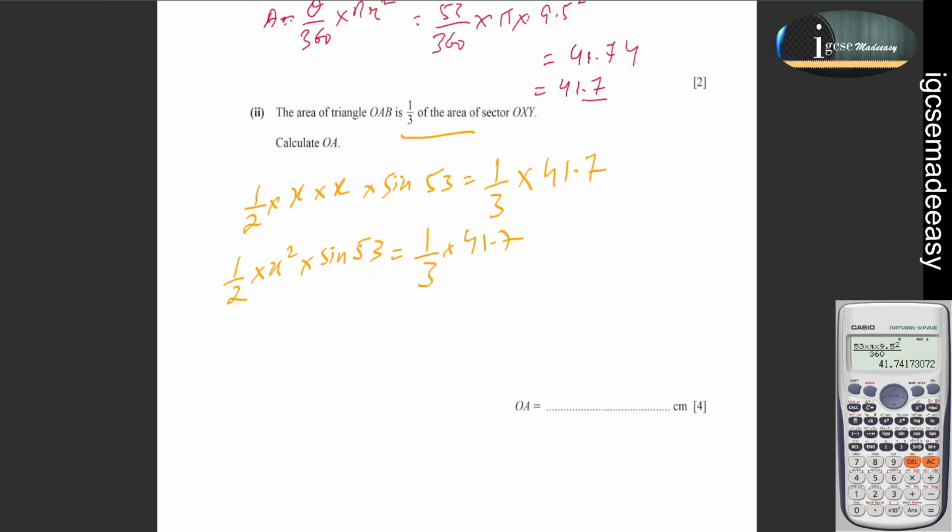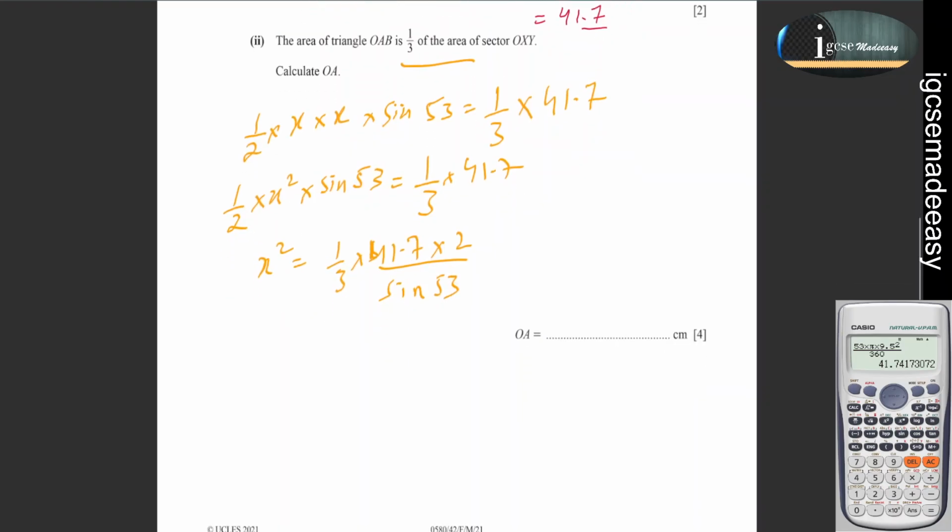So we will get x squared equals 1/3 into 41.7 into 2 divided by sine of 53. I just cross multiplied it.